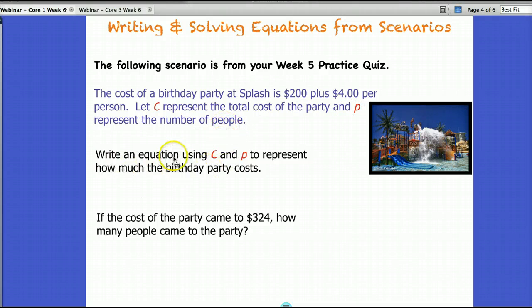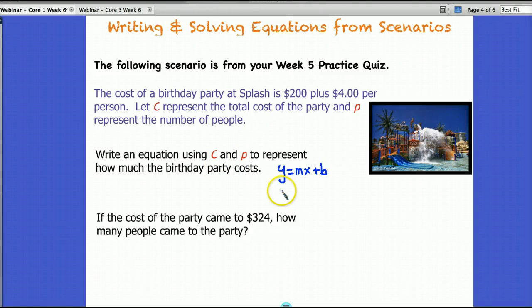So anytime it says write an equation using C and P, what I want you guys to think of in your head right away is y equals mx plus b. Think of that equation, right? Except that we're not going to use y and we're not going to use x, just because it relates to a real scenario. So we want to use variables that make sense to us.